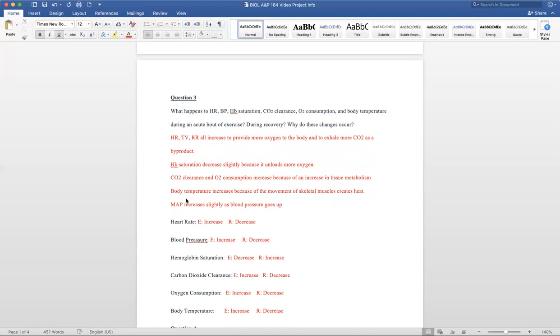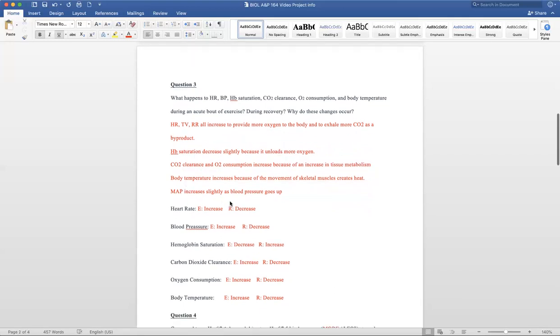Your body temperature increases because of all the friction of the skeletal muscles. It creates heat, so your body will be a lot hotter. And the mean arterial pressure increases slightly as the blood pressure goes up, because as you work out, your blood pressure goes up because more blood needs to be provided to the body.